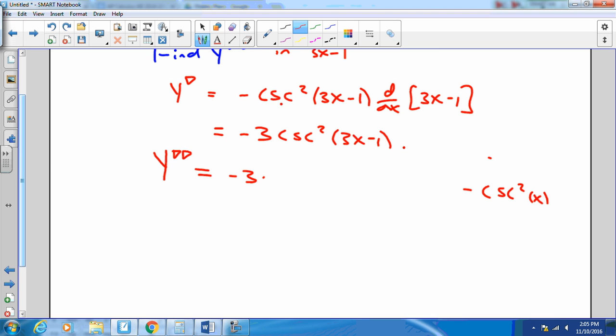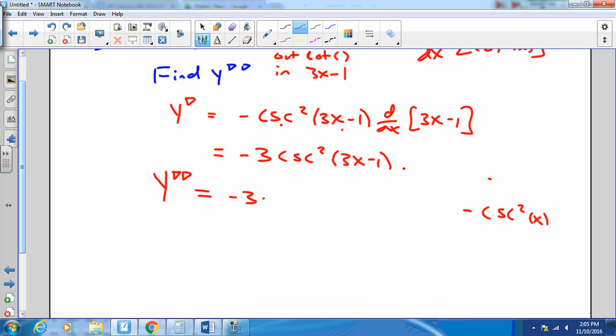Oh, interesting. When you do the derivative of the outside function, don't touch that inside. Okay. So don't stare at that too much. Take a look at what we have here, and let's rethink this.